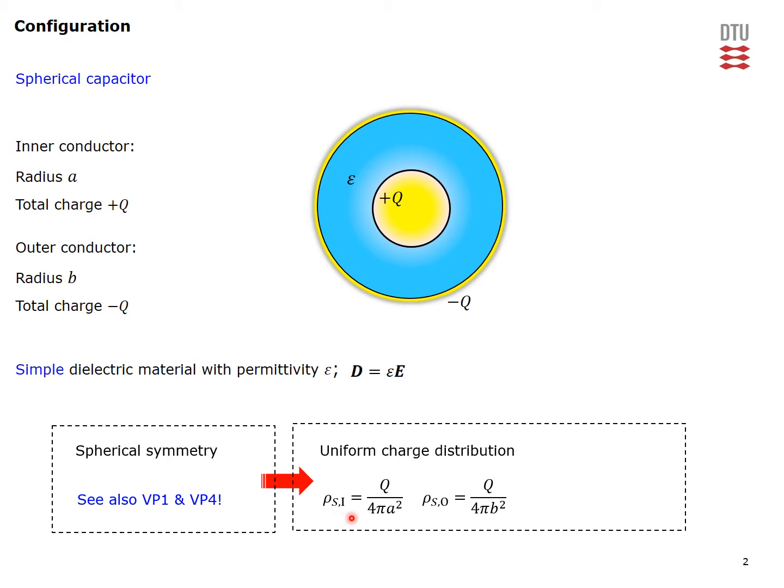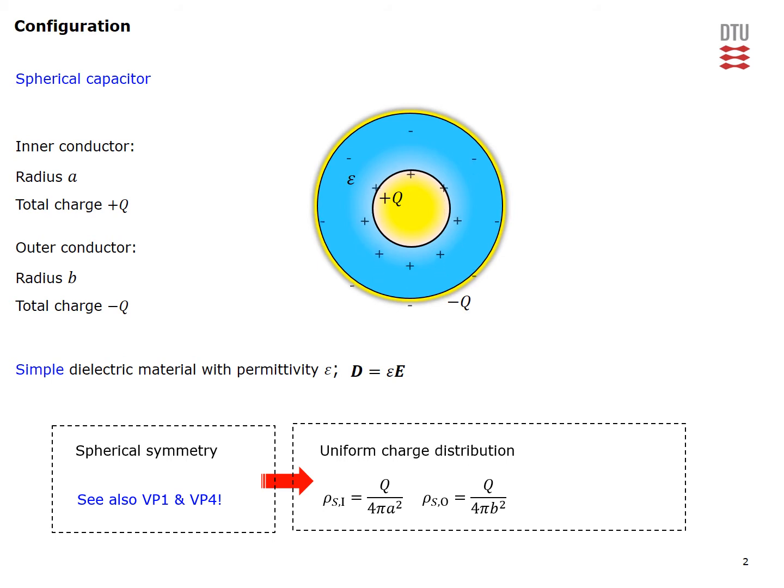So the surface charge density at the surface of the inner conductor is simply the total charge plus Q divided by the surface area of this conductor that has a radius A, and this would then be the surface charge density on the outer conductor, where the term in the denominator is the surface area of the outer conductor.